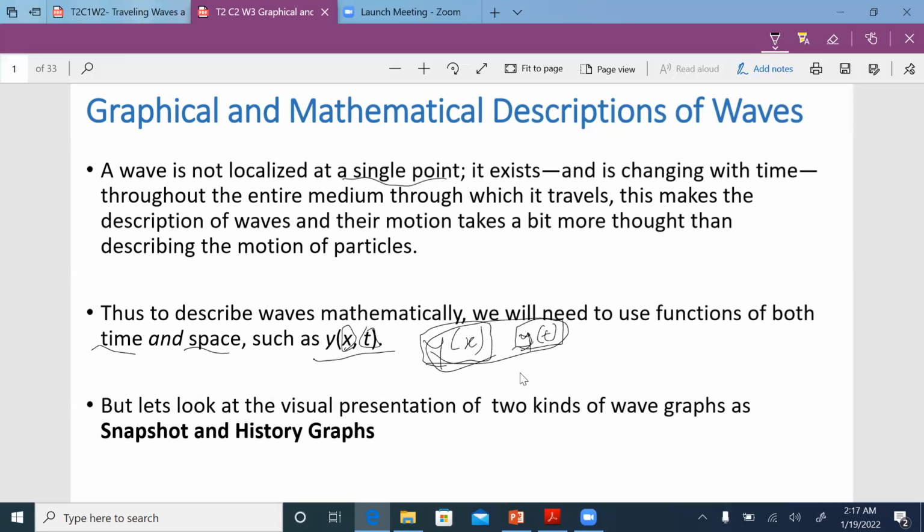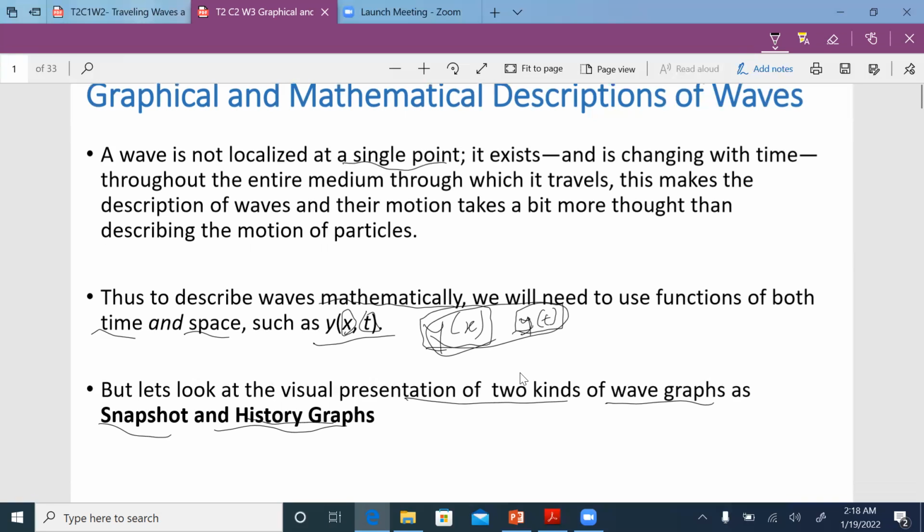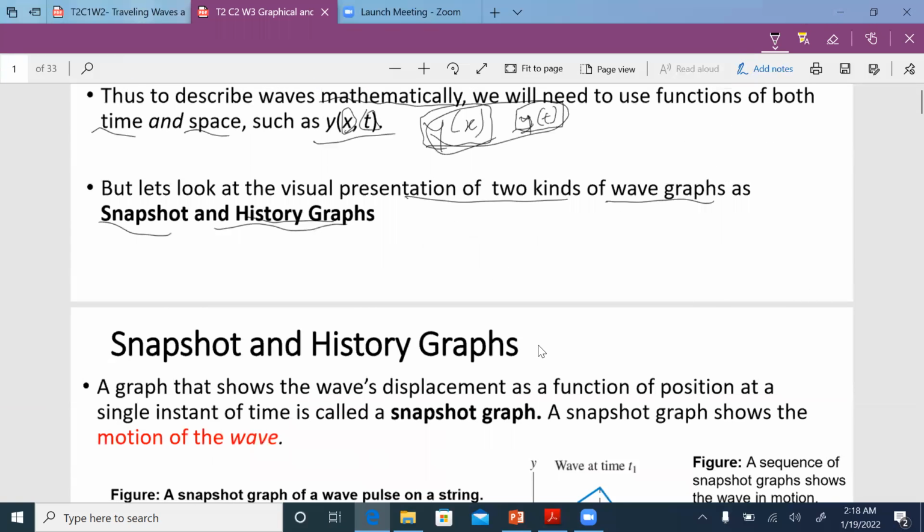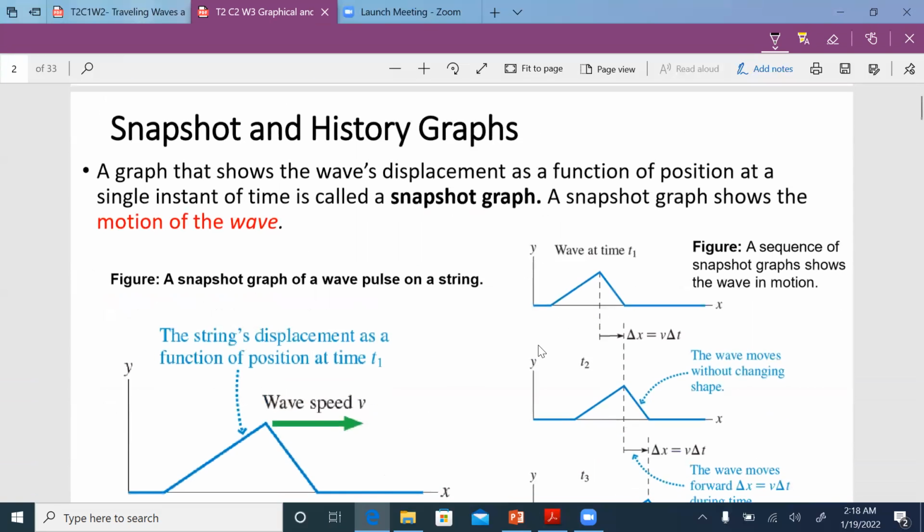But before we go into the description of the mathematical representation of waves, we want to quickly look at two major graphs that we use to present waves as they travel through a medium. Okay, so the two kind of graphs we use to describe wave, they are called the snapshot and the history graph. Okay, so let's see what the difference is between the snapshot and the history graph.